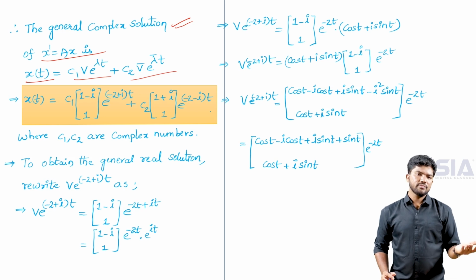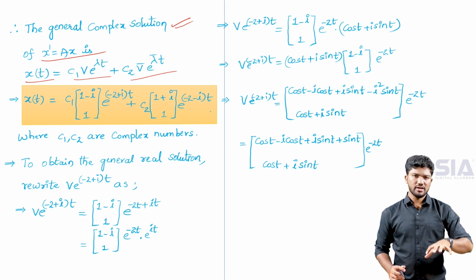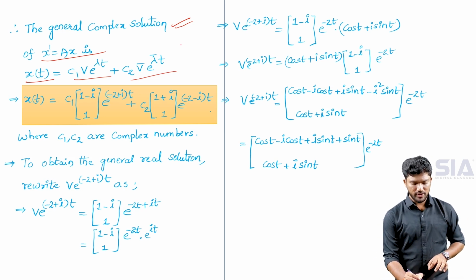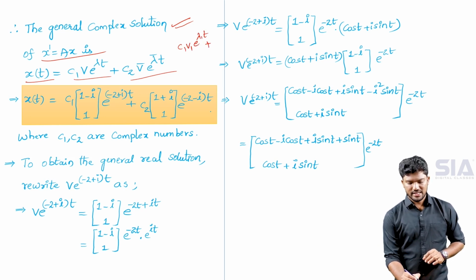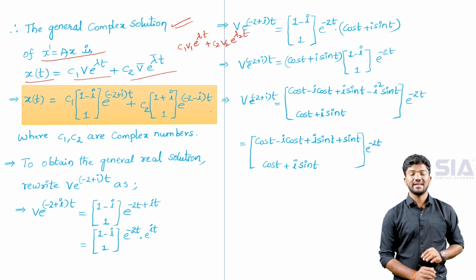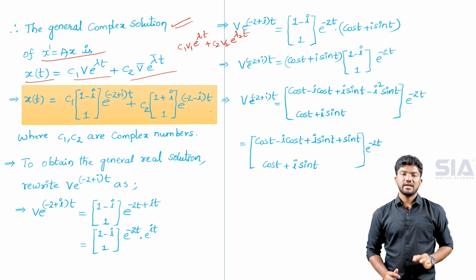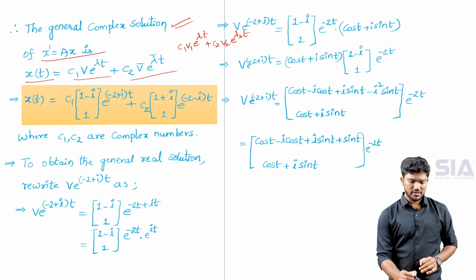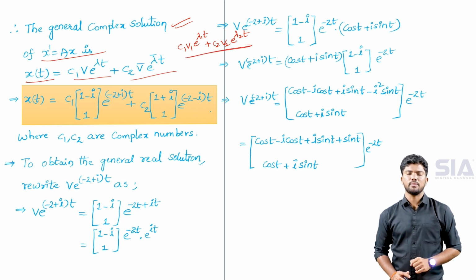Otherwise, in the general real number systems, in the real number eigenvalues, we can take c1 v1 e power lambda 1 t plus c2 v2 e power lambda 2 t. Whenever you get that the eigenvalues are real numbers, then the general solution we can write in this format.